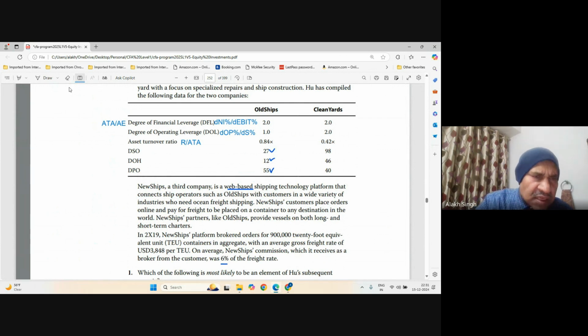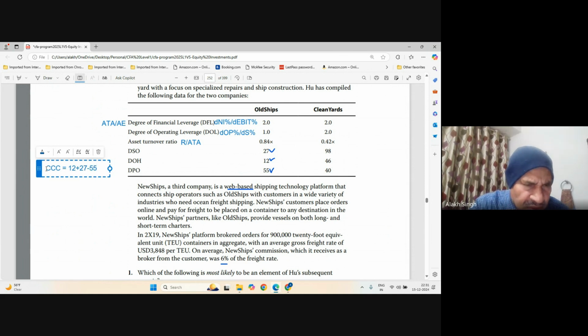It was negative actually. What will be its cash conversion cycle? Let's calculate CCC. How to calculate that? CCC will be days of inventory on hand, meaning 12, plus DSO minus DPO. So DSO is 27 and minus 55.